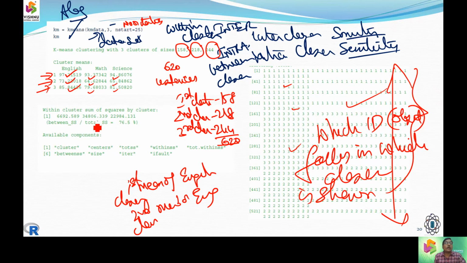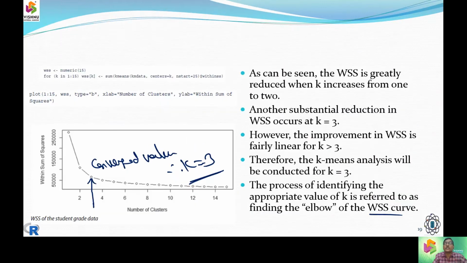So now, what I was telling about is the within cluster sum of the squares. So we are going to have the within sum of squares, what I was calling a working set.